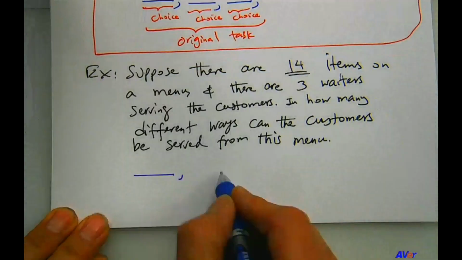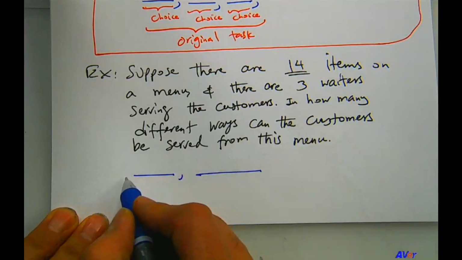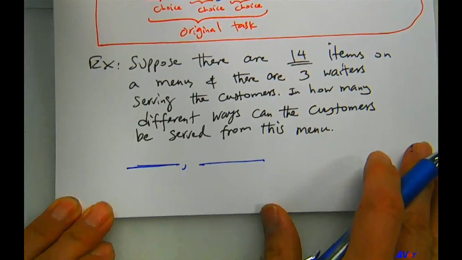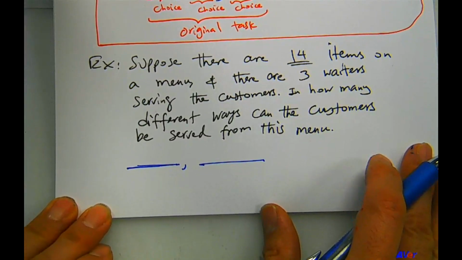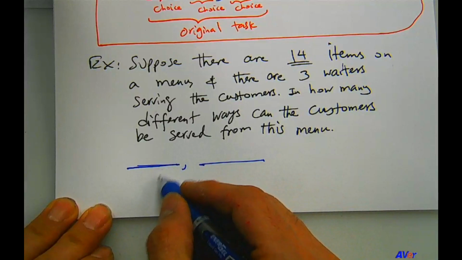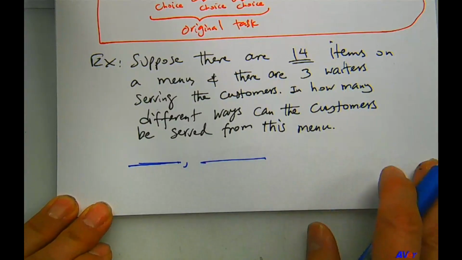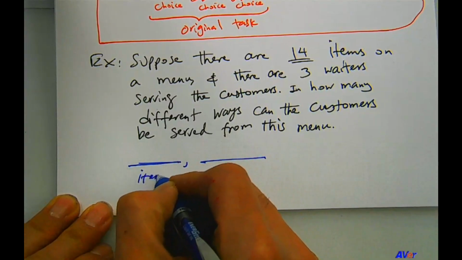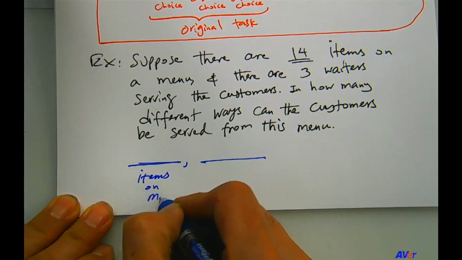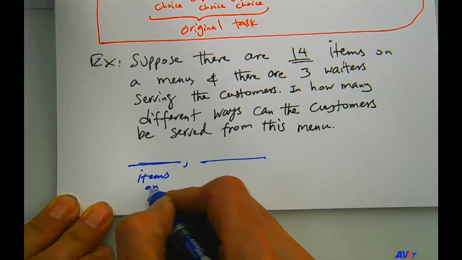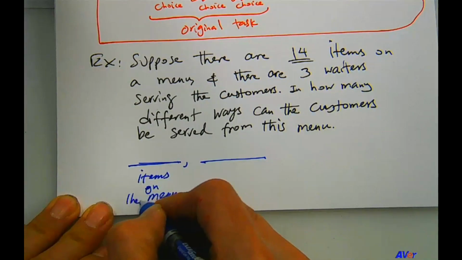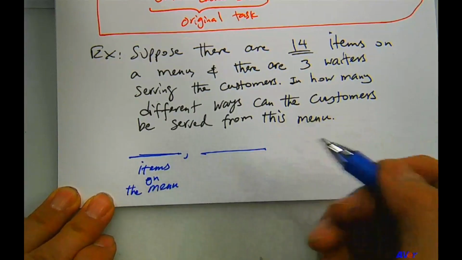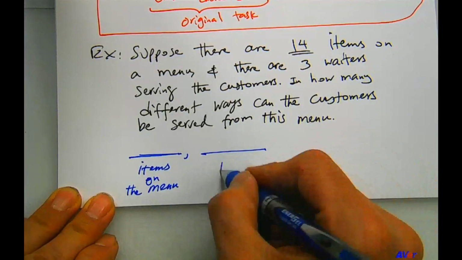So this task of ordering and receiving your order has 2 choices. One is the number of items on the menu, and of course then the number of waiters.